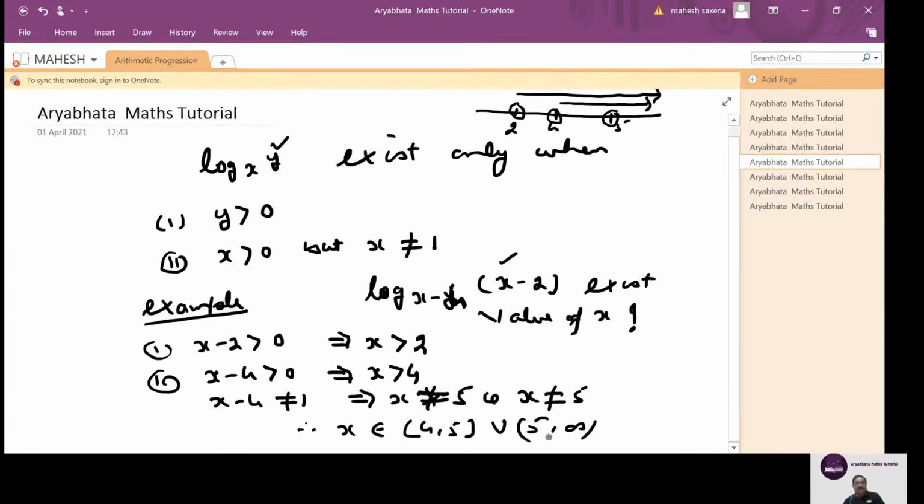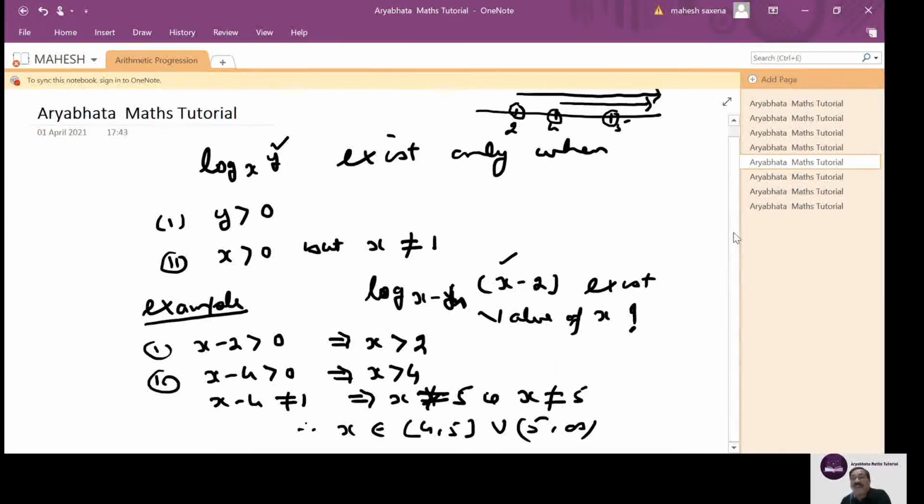It is the solution. It means log base x minus 4 of x minus 2 exists only when x belongs to (4, 5) union (5, infinity).